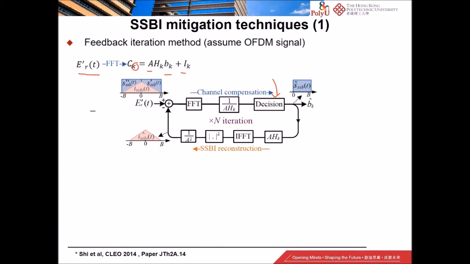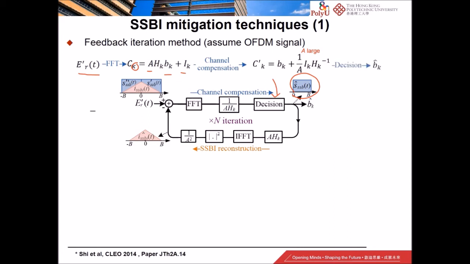Okay, and so let's say you have some rather acceptable detected signal. So you can in principle recreate the transmitted single sideband signal. So in this case, what you can do is the following.